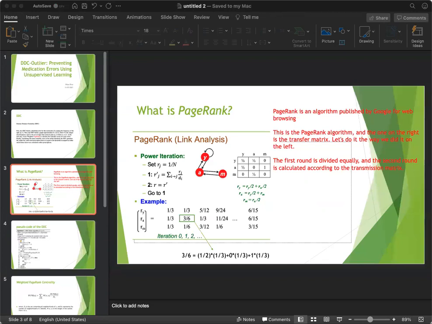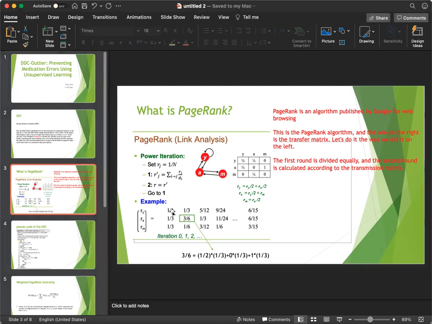and the left parallel iteration shows how to use PageRank, and the right matrix is a transfer matrix. It will calculate the distance, whether other vertices are neighborhoods or not.